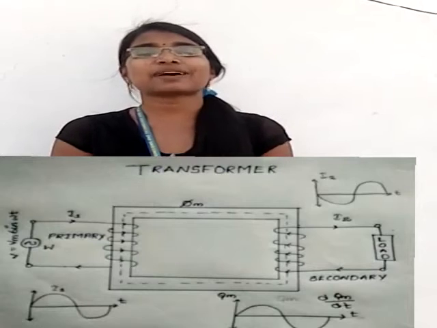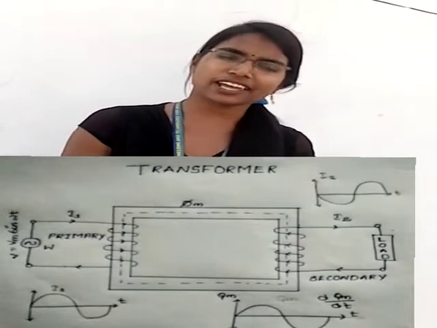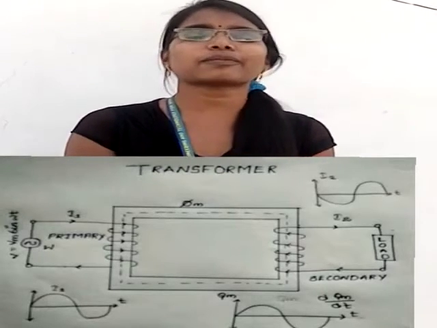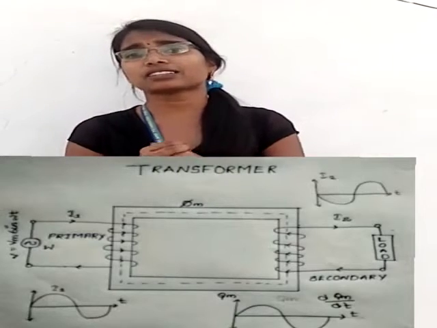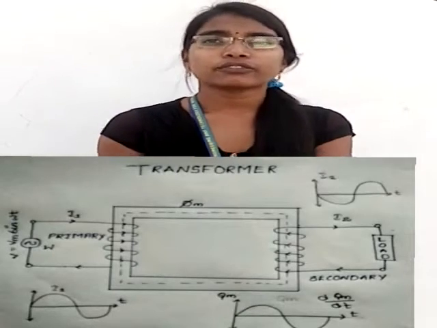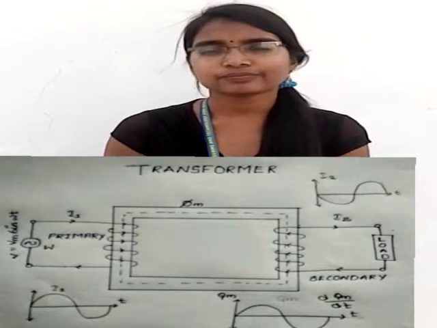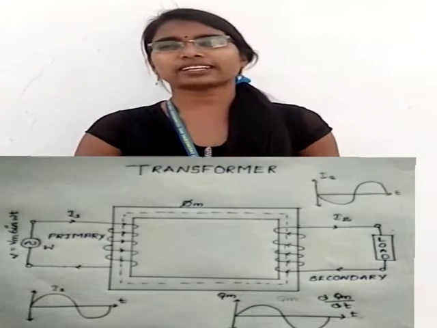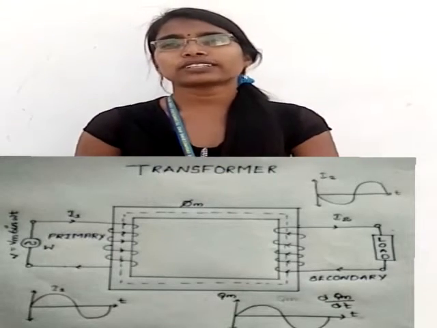As a result, magnetic field lines cut the secondary winding, and hence current passes through the secondary winding. Due to the flow of current I2, the load turns on.